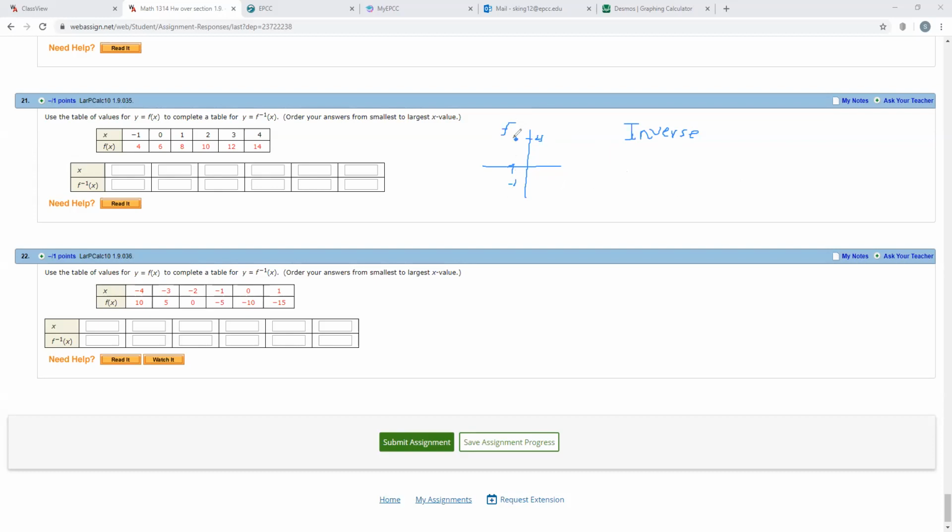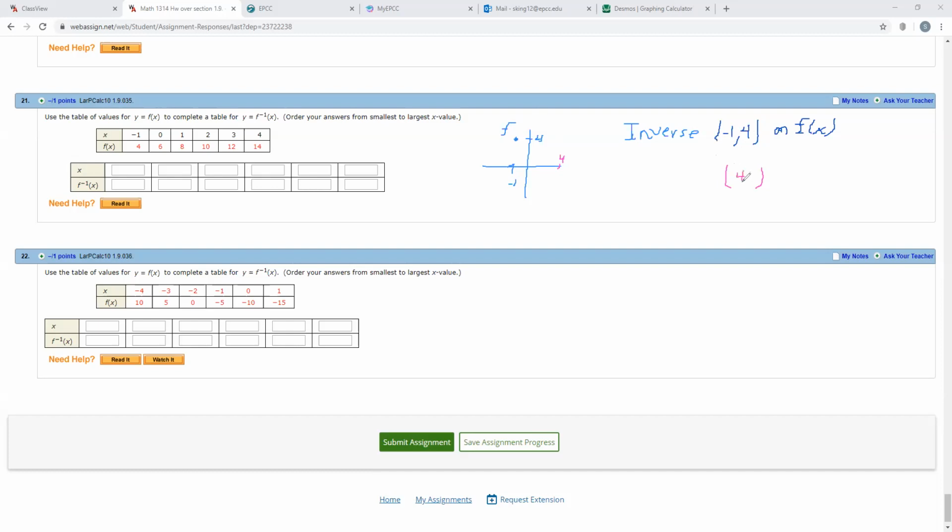So instead of the point -1, 4, which they give us, is a point on f of x, then the inverse partner point, if you will, is found by simply inverting the two values, the domain and the range value, the x and the y value, around.